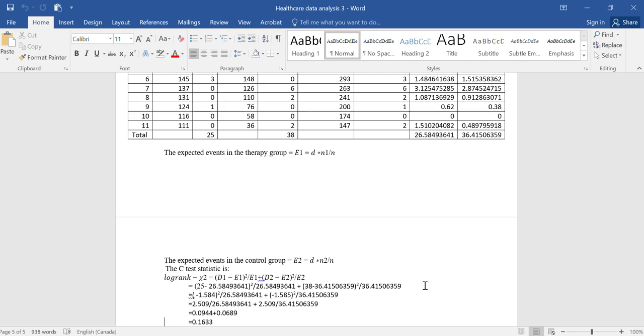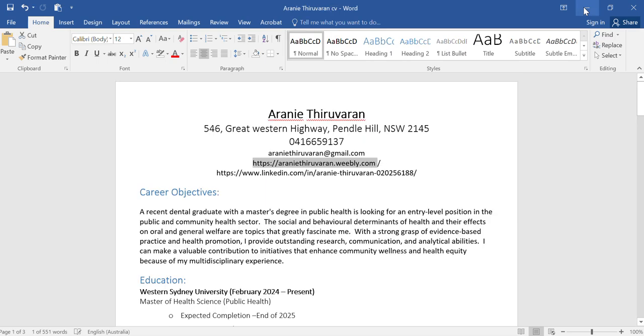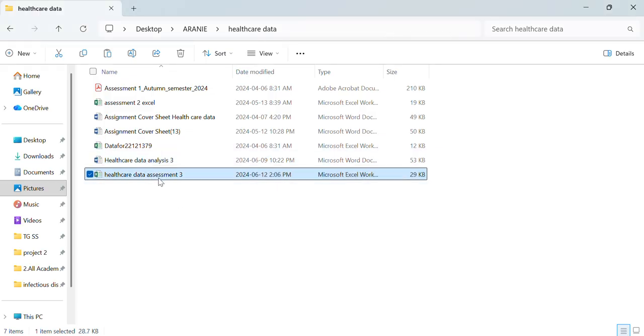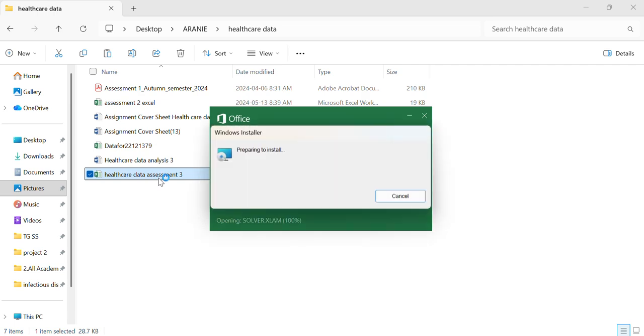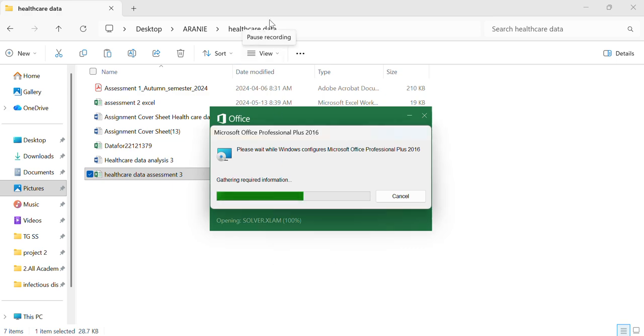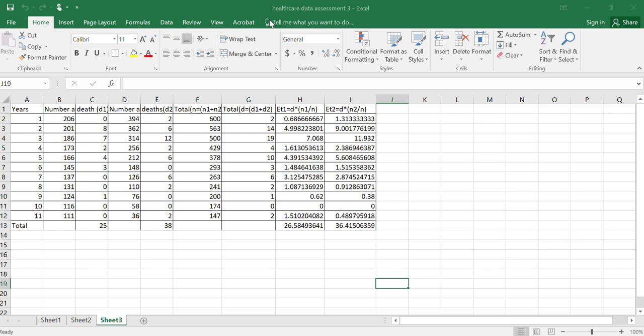The key part of my success was using Excel effectively. I used formulas to automate calculations, reducing manual error.